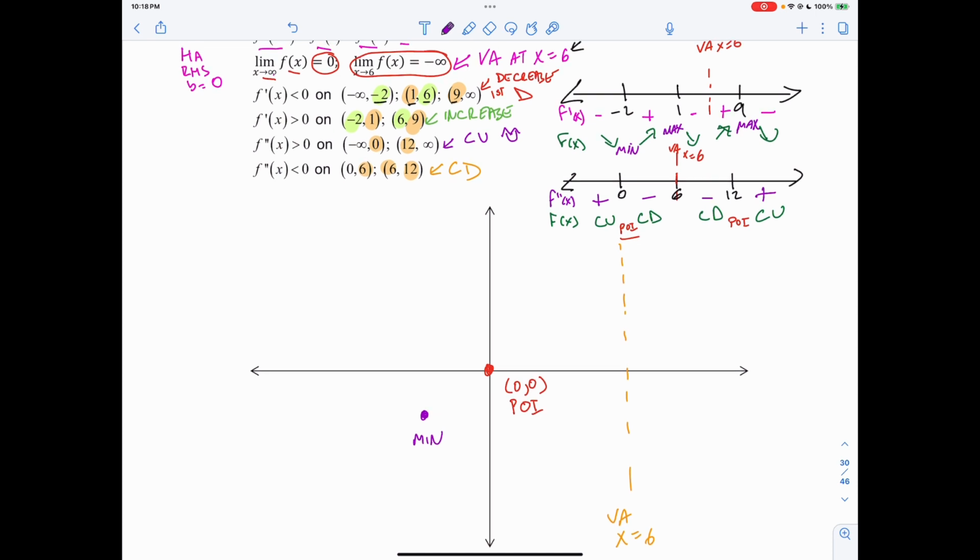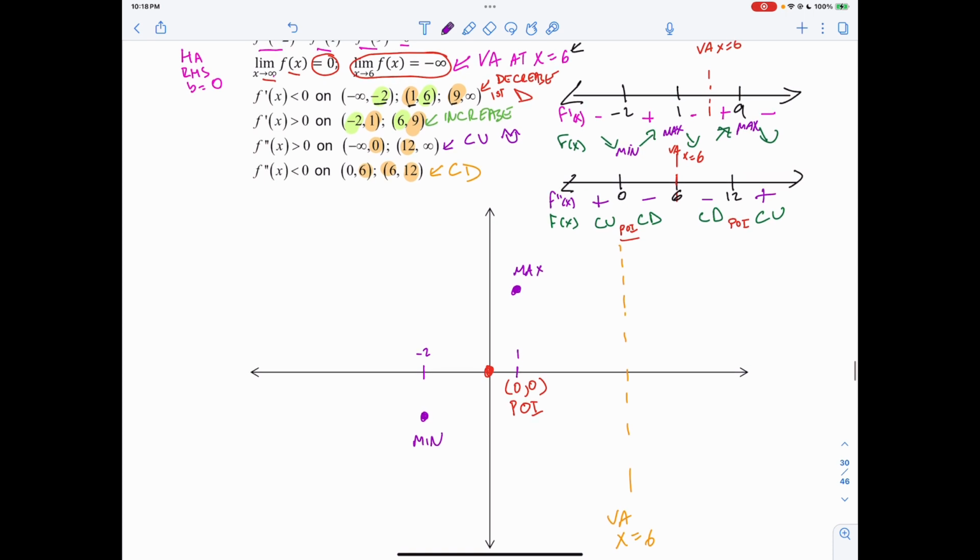We're going to have a maximum at 1. We're going to have another maximum occurring at 9. And we're going to have one more point of inflection occurring at 12.